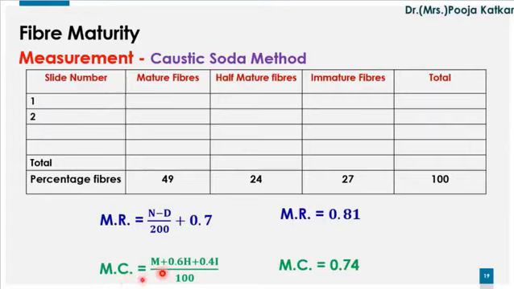Maturity coefficient takes care of all the types of fibers: mature fiber, which is 49 here, plus 0.6 of half mature, that is 24, plus 0.4 of immature fibers, that is 27. Whole divided by 100 gives you maturity coefficient. This is how, with the help of the caustic soda method, we can assess maturity of cotton fiber in terms of maturity ratio or maturity coefficient.